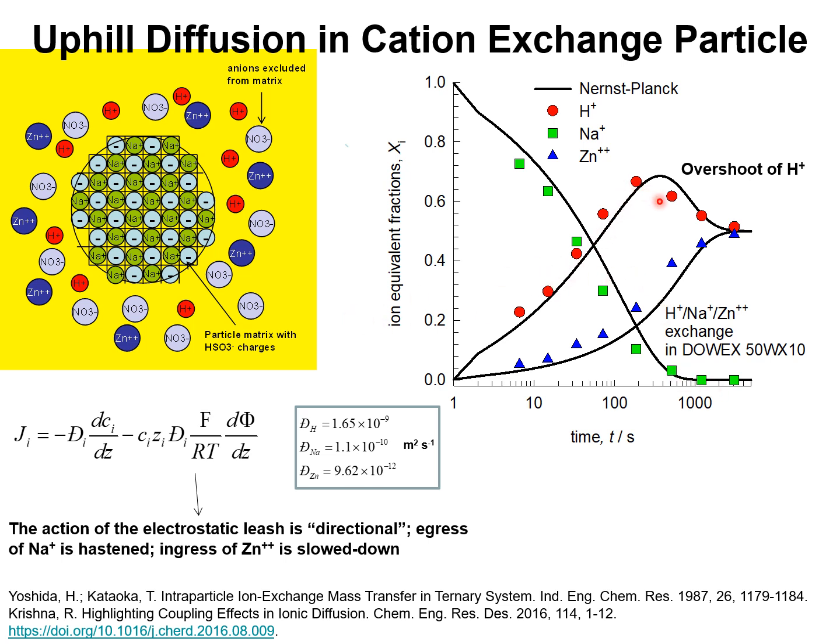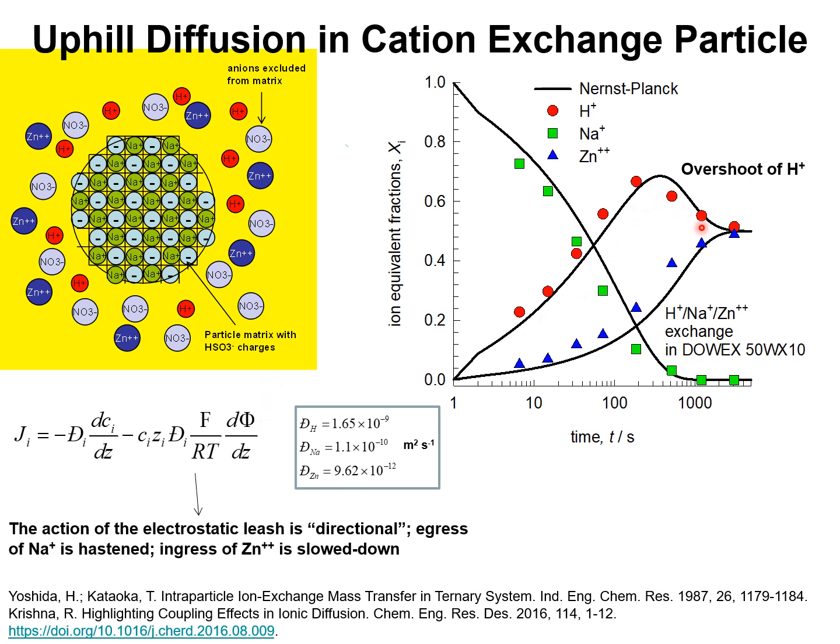We note that the experimental data show an overshoot in the ion fraction of H+ before it equilibrates to a value of 0.5. The continuous solid lines are the simulations of the transient uptake using the Nernst-Planck equations for describing the ionic fluxes.